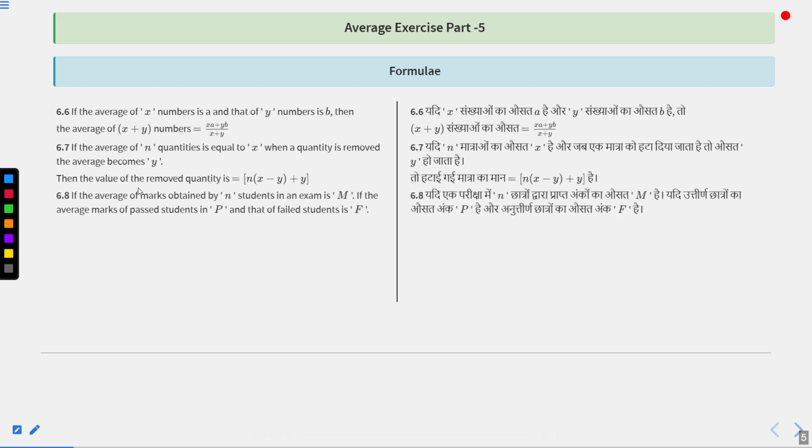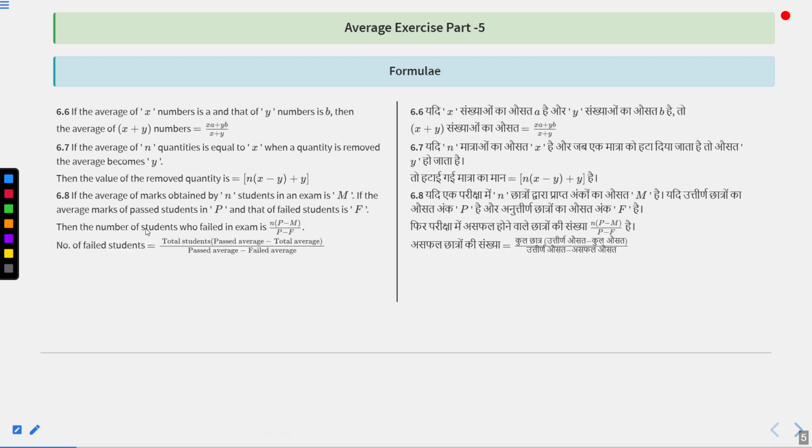Next, if the average marks obtained by students in an exam is m, the average mark of passed students is p and that of failed students is f, then the number of students who failed in the exam we can calculate as n into (p minus m) upon (p minus f). So what is the meaning of n, m, p and f?